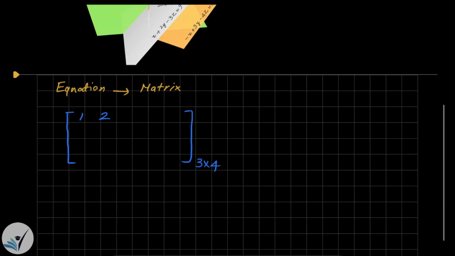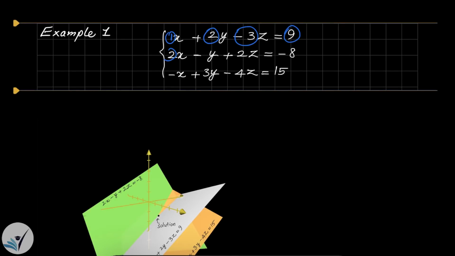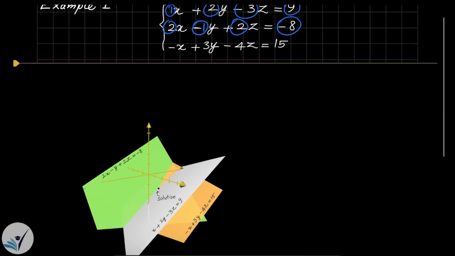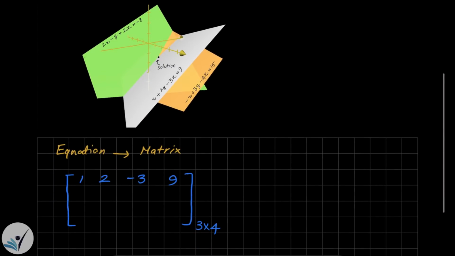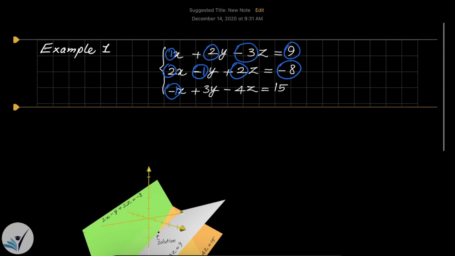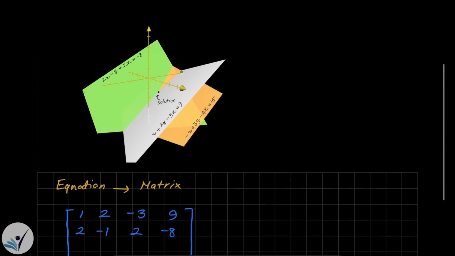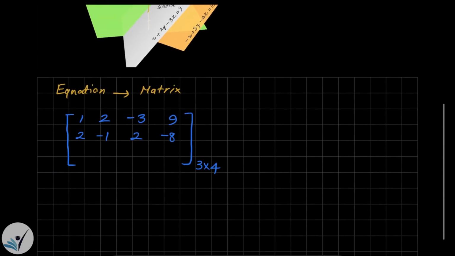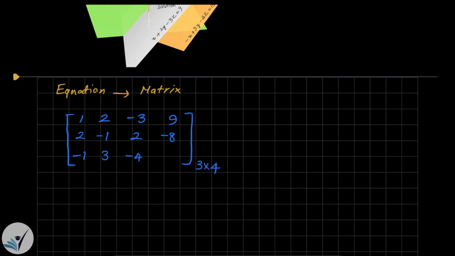On the second row we have 2, negative 1, 2 and negative 8. And on the third row we have negative 1, 3, negative 4 and 15.